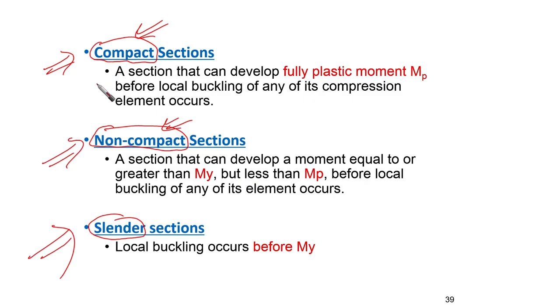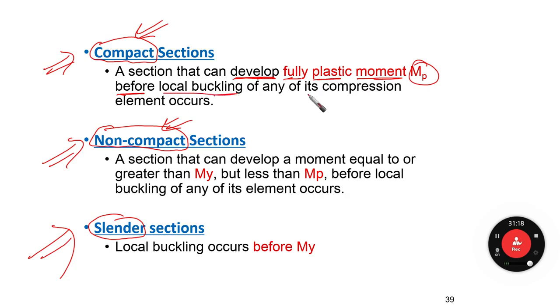Compact sections means the section that can develop, take care of this, the fully plastic moment, MP, before local buckling of any of its compression elements occurs.